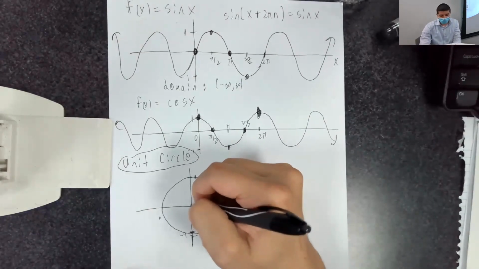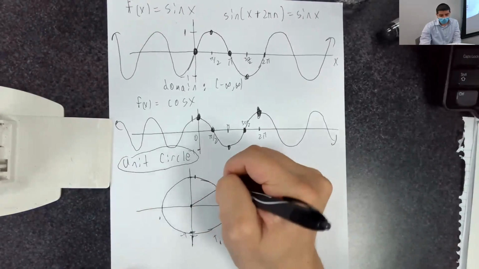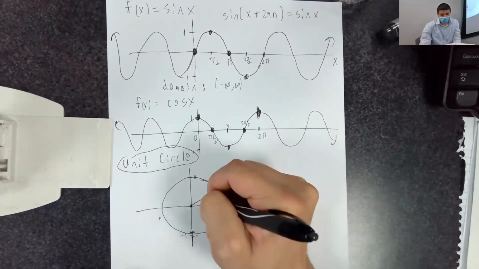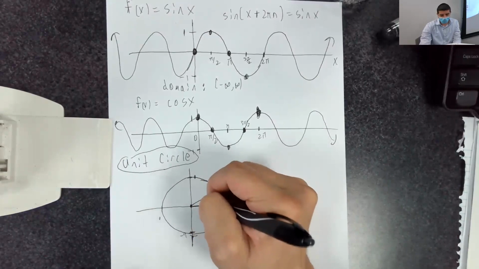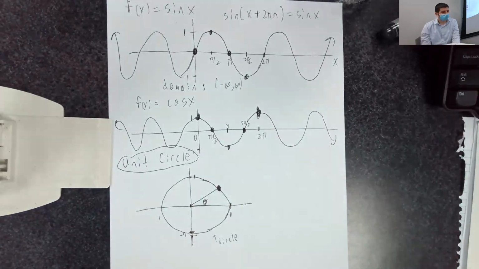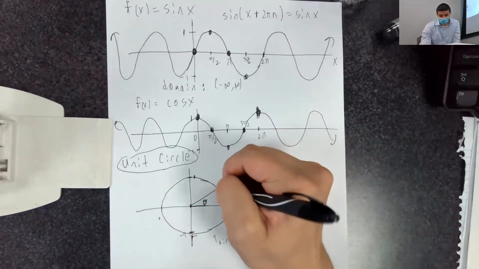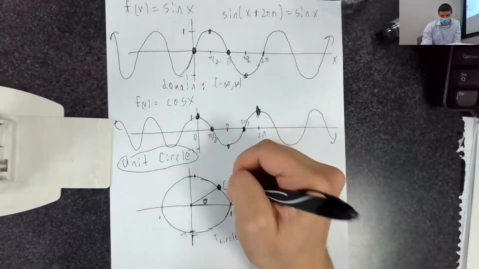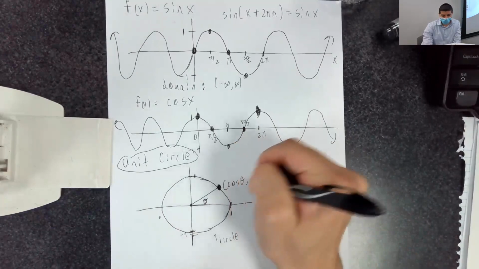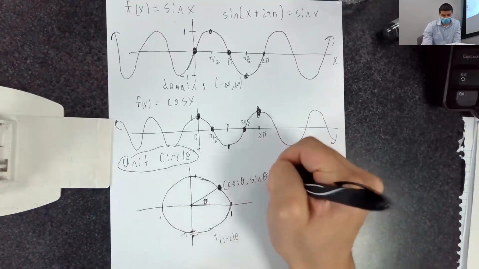So every point on the circle, we could think of any point on the circle as having a certain angle theta with the x-axis, and each point here is cosine of theta, sine of theta.